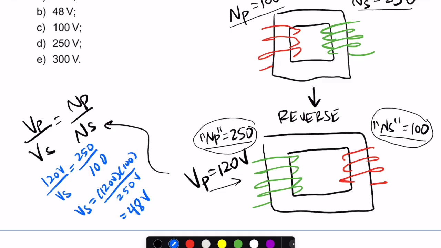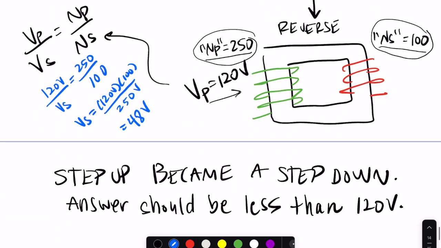So our step-up transformer became a step-down transformer by flipping the sides. And that's basically the lesson: a transformer is both a step up and a step down. You can just change what side your input is to turn it from a step up to a step down.